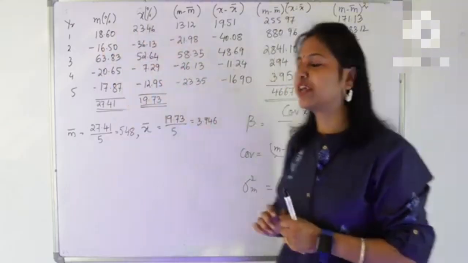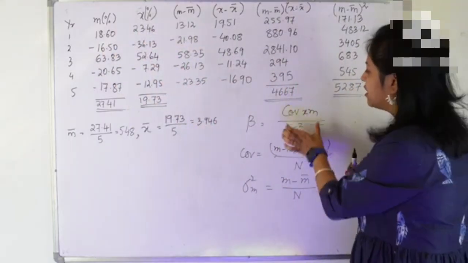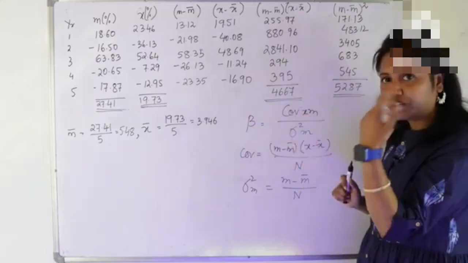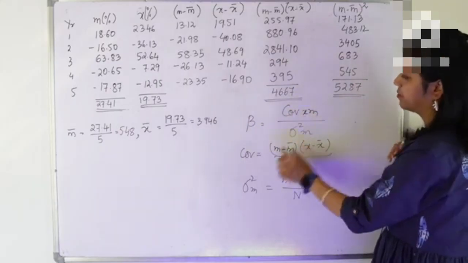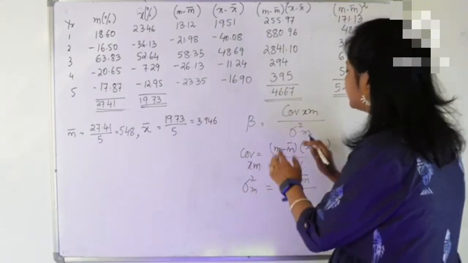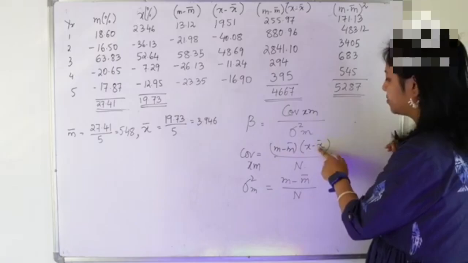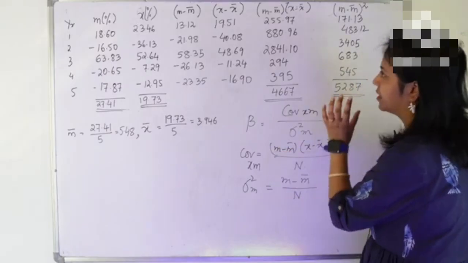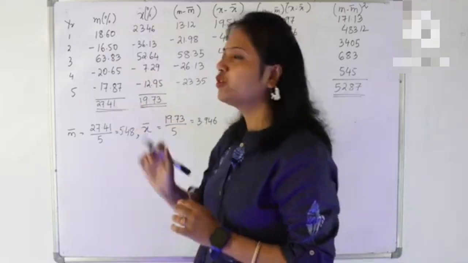Let's understand how to calculate covariance of x and m. First we write the formula, and from the formula, let's find out what is required. The formula of covariance between x and m is the sum of (m minus m bar) into (x minus x bar), divided by n. Now what is required? M minus m bar. M is the market, but we don't have m bar.